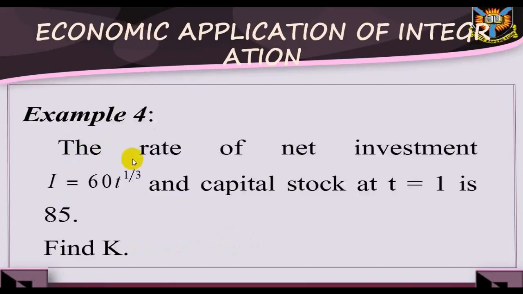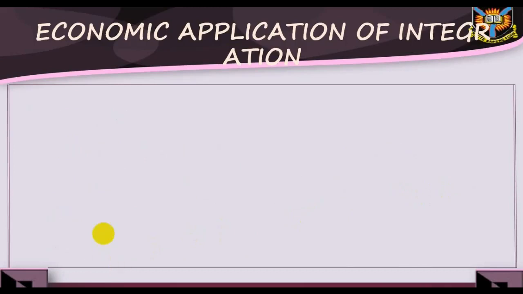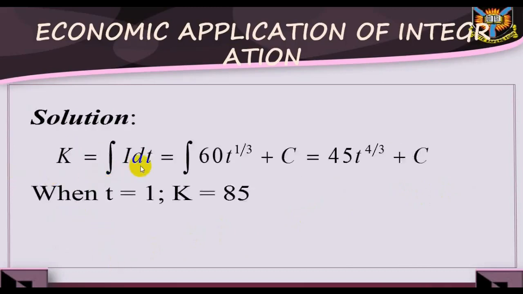Example 4. The rate of net investment I equals 60t to power 1 over 3, and capital stock at t equals 1 is 85. Find K. Solution. K equals the integral of I dt, which equals the integral of 60t to power 1 over 3 dt, which equals 45t to power 4 over 3 plus c.